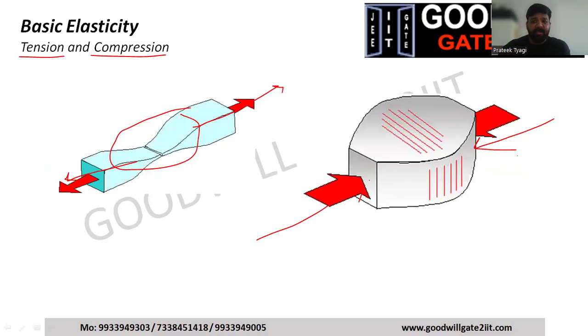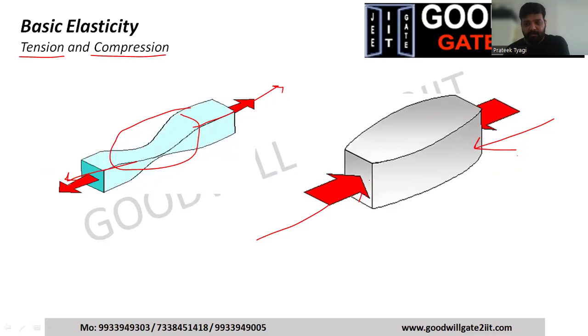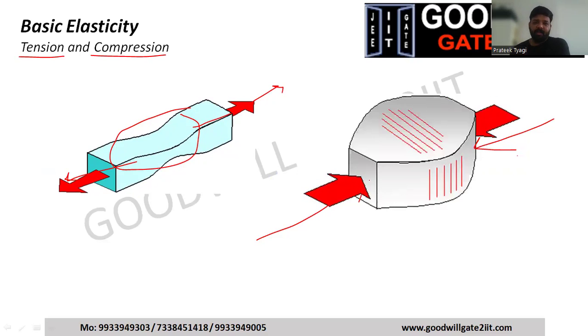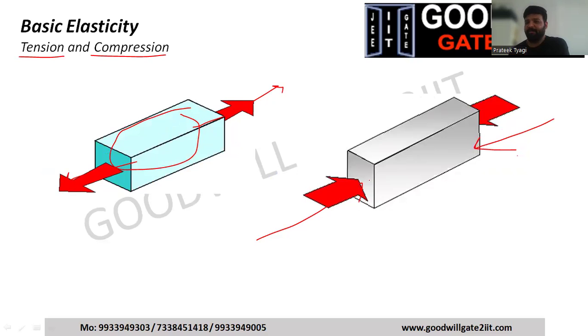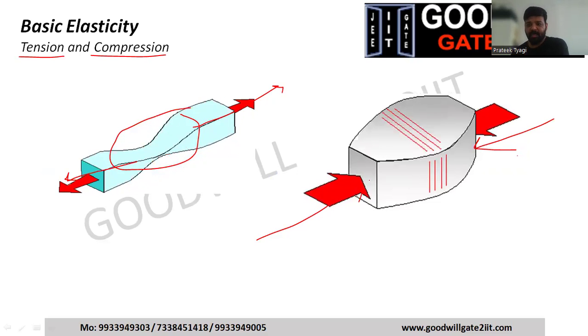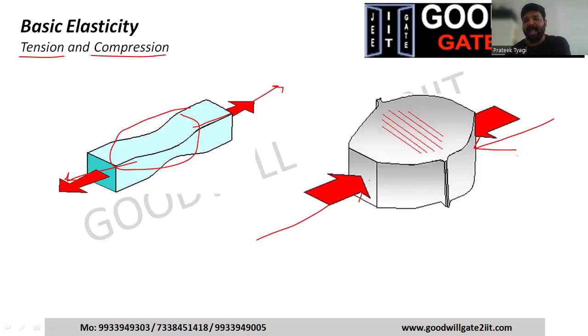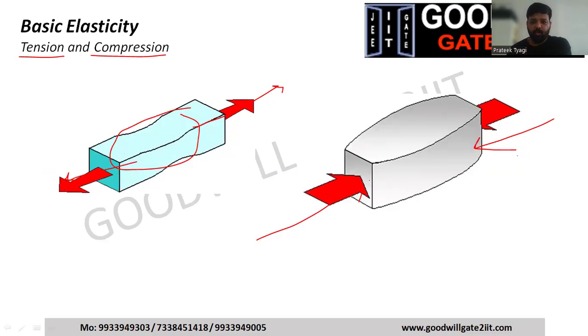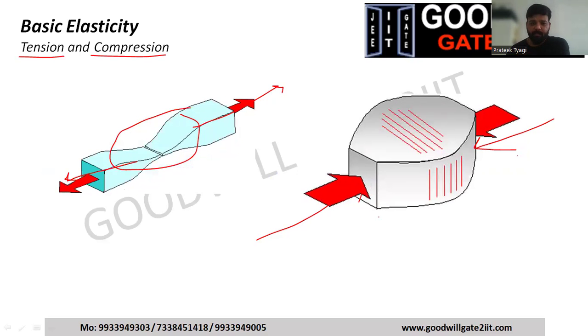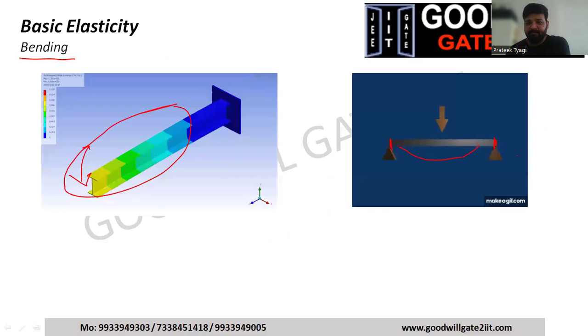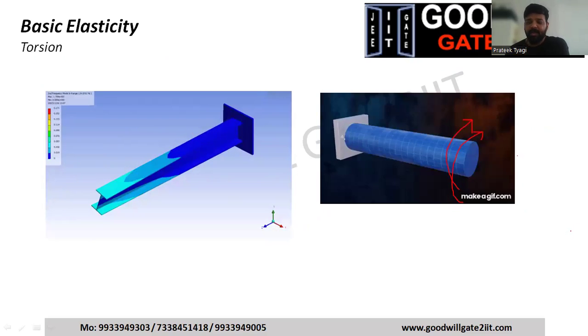Now, this structure can be a pen, it can be a complete aircraft also, right? So when you have your aircraft, let's say a complete aircraft, you're talking about wing or fuselage or tail, it can be subjected to tensile load, it can be subjected to compressive load, it can be subjected to bending, it can be subjected to torsion.